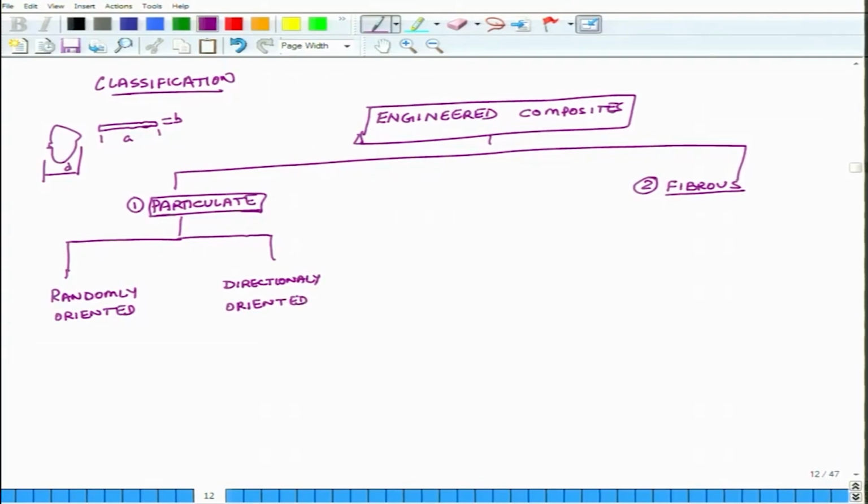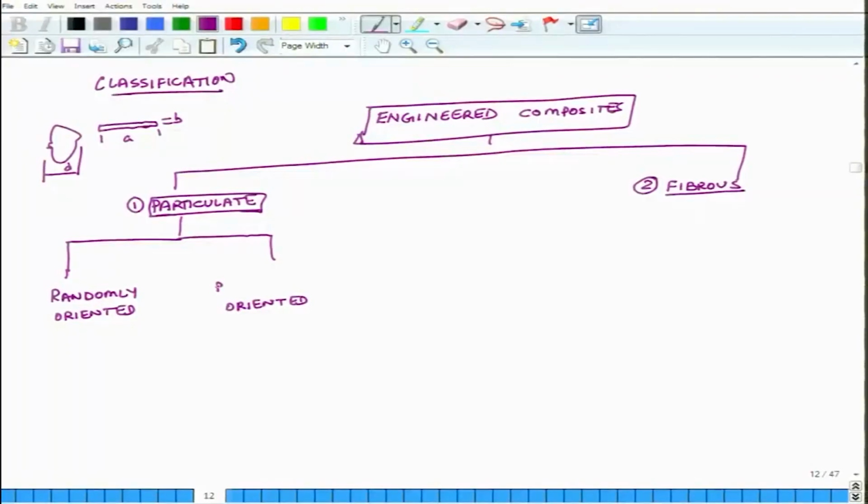That is directionally oriented, or actually I will not call it directionally oriented, rather it has a preferred orientation. So, that does not mean all the particles are in one particular direction, but broadly speaking there is some direction to the orientation of particles. So, I will say preferred orientation.